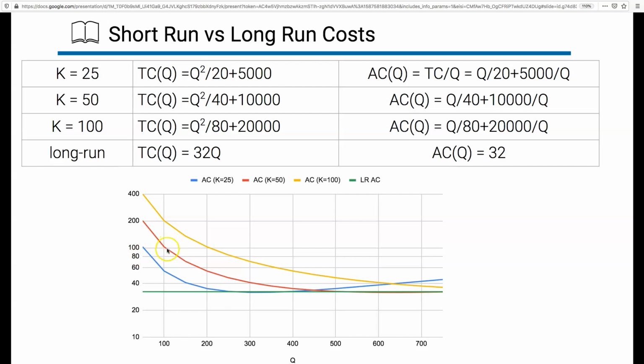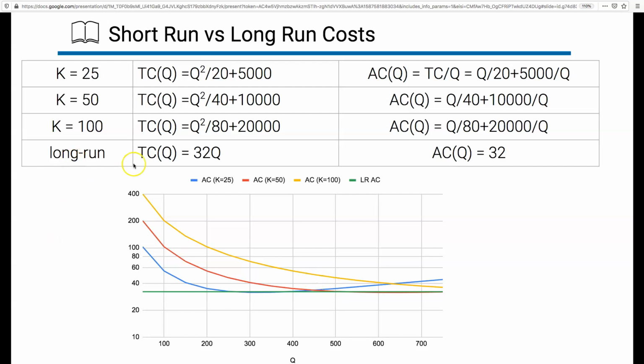So the red line can be thought of as the blue line shifted to the right slightly, and the yellow line is shifted even farther to the right. So it's just a bunch of U-shaped curves shifted to the right as the capital increases.